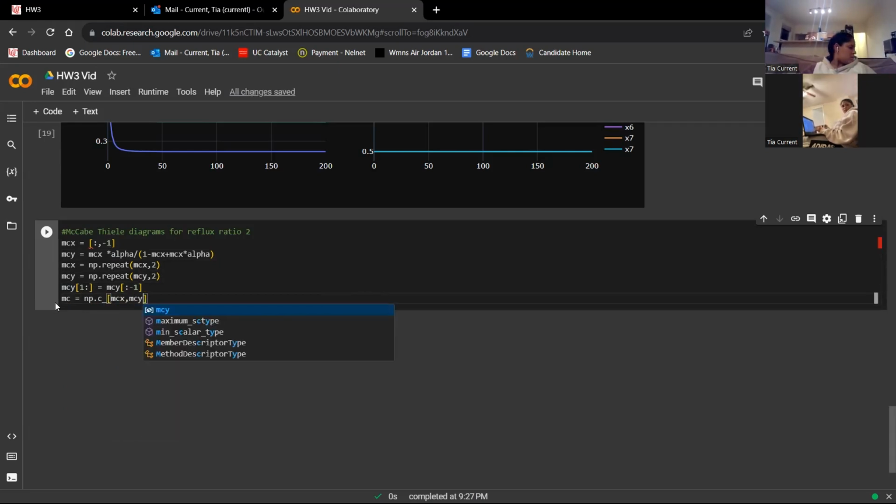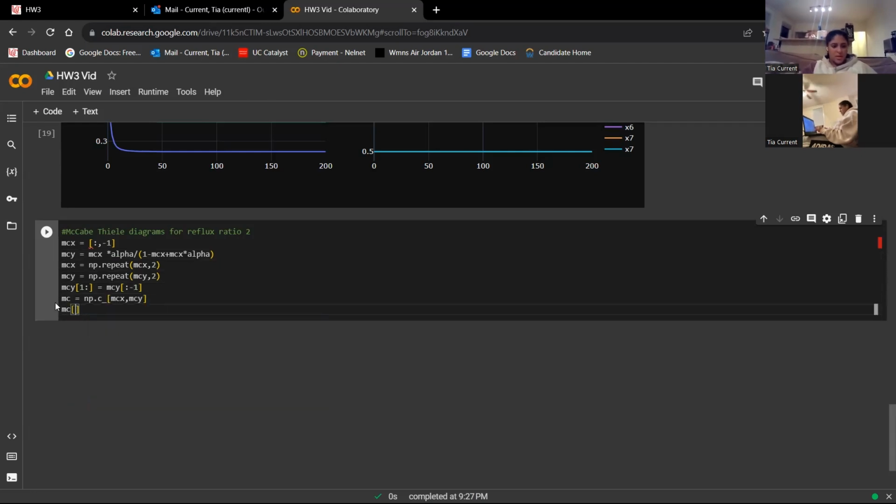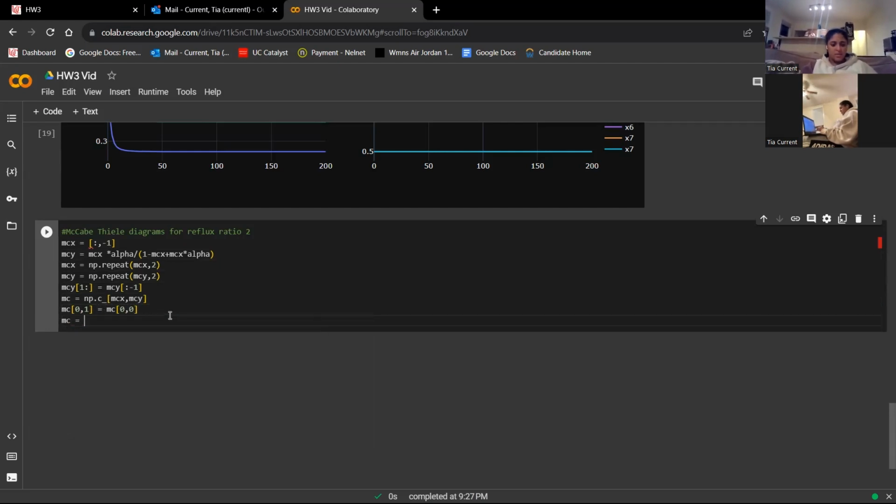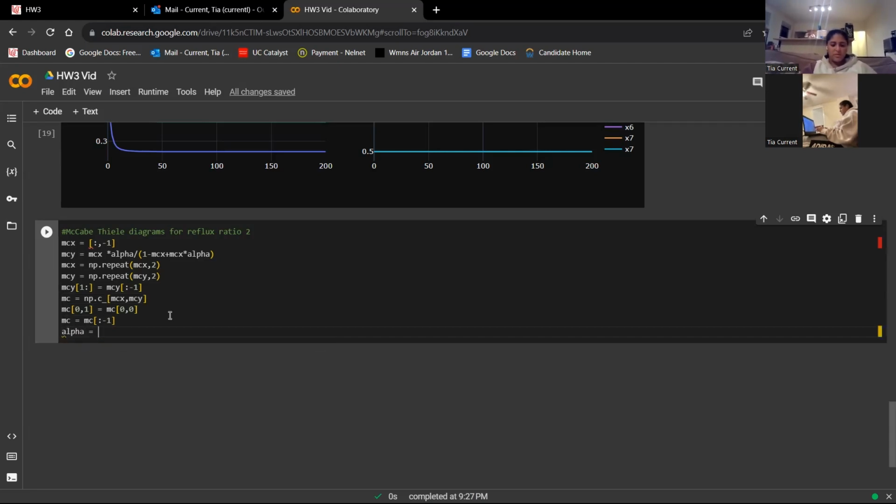MC 0, 1 to MC 0. And then my MC is equal to MC 1. Alpha is equal to that 2.